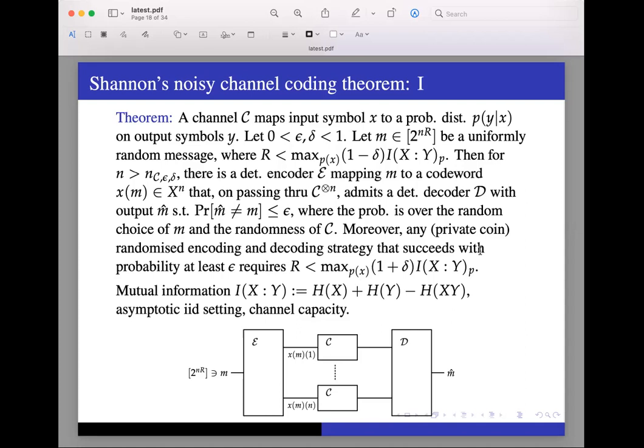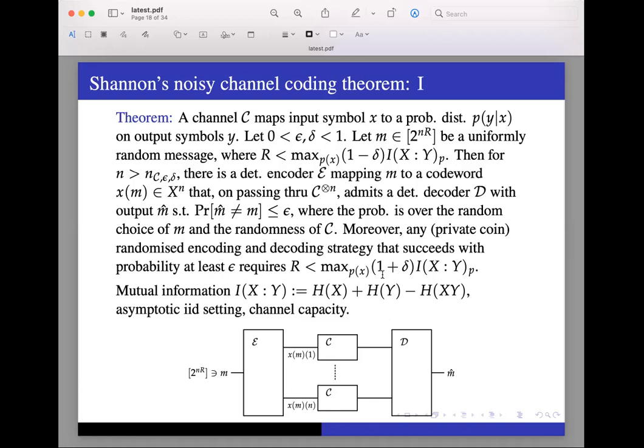So any randomized strategy that succeeds with probability at least epsilon. Okay. So remember the success probability for the achievability was 1 minus epsilon. But the converse is stronger even in that sense. It says that even if the success probability is epsilon, then the rate has to be basically less than the capacity. So, but you can see the fudge factor of 1 minus delta and 1 plus delta. Okay. So there's a little bit of gap between them.